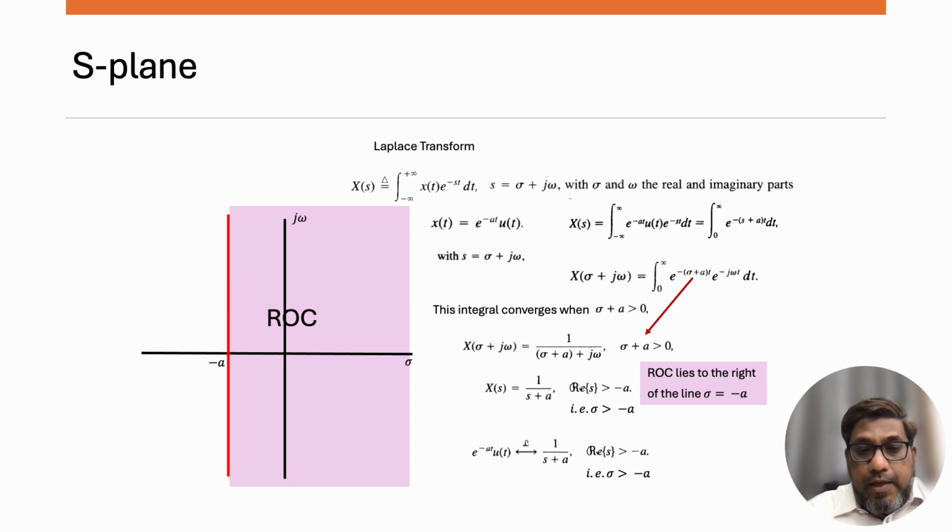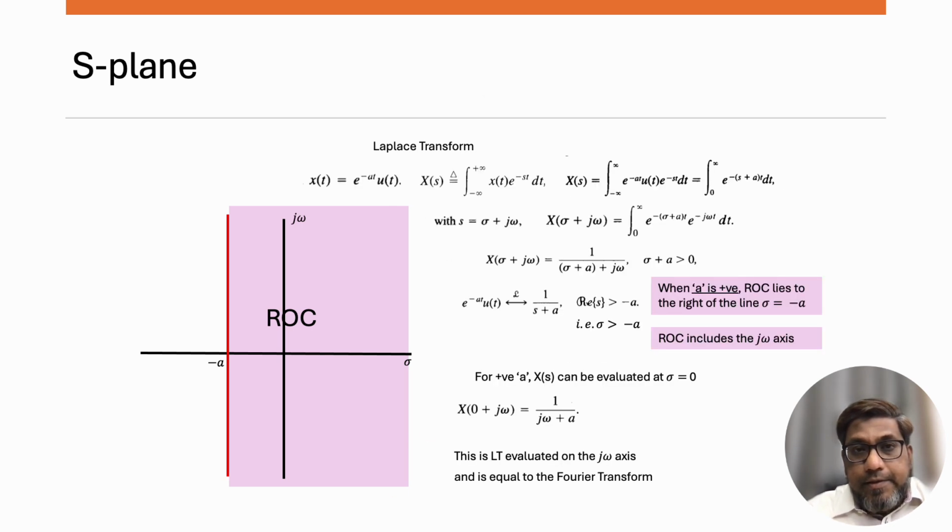So let's move on to another example. In fact, we'll use the same example, but we'll now consider the function x of t for different possible ranges of a. What happens when the value a is positive? When the value of a is positive, we'll have e power minus a t, which will be a decaying exponential.